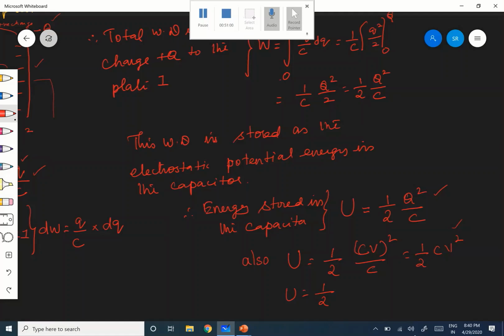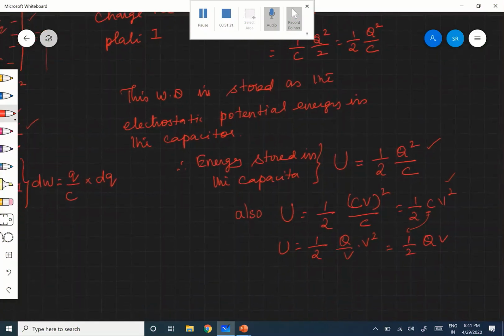Here, half C I don't want, because I want only the QV combination. C is equal to Q by V, so half times Q by V times V squared is equal to half QV. So I am getting three relations for U.